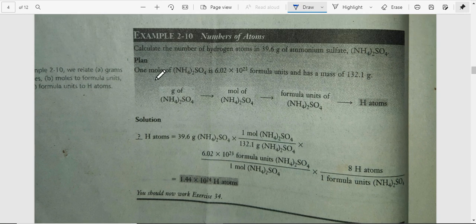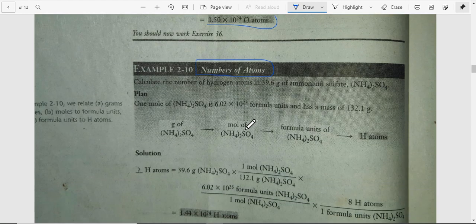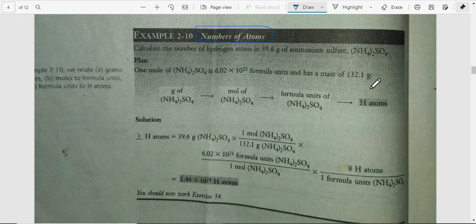So it is the same with regard to the number of atoms. But this time it is not just oxygen atoms; you are looking to calculate the number of hydrogen atoms in 39.6 grams of your ammonium sulfate. Okay, 1 mole of your (NH4)2SO4 is the Avogadro's number, and its total mass is 132.1.